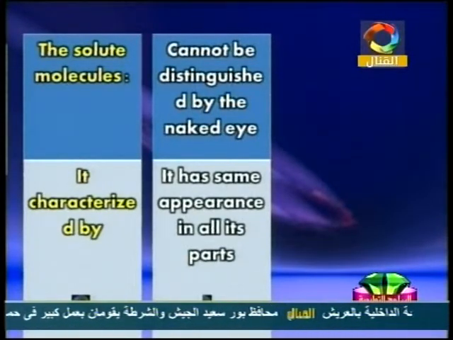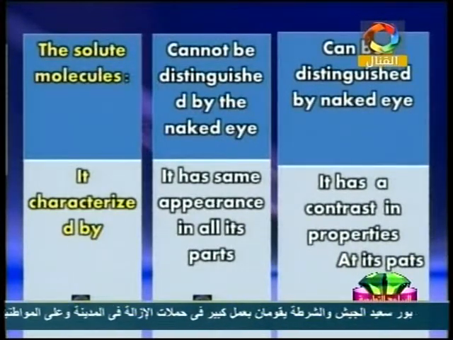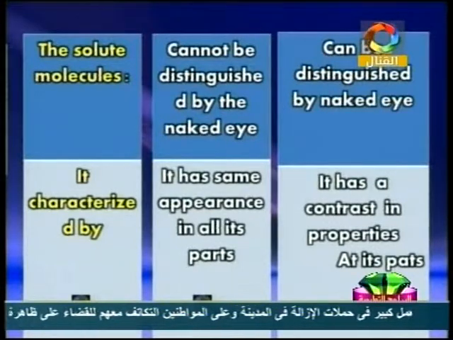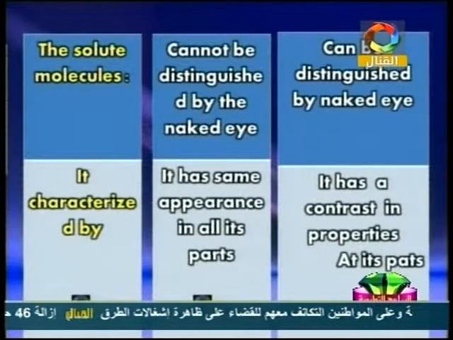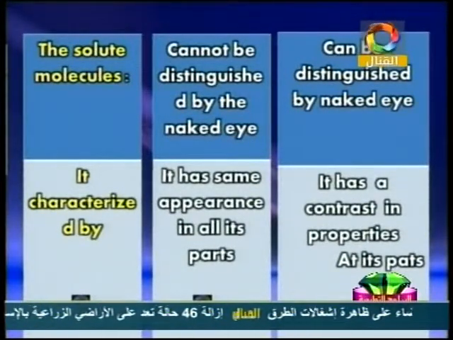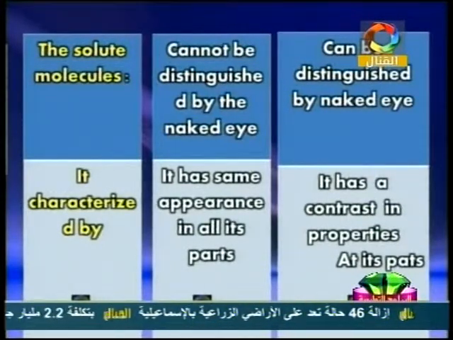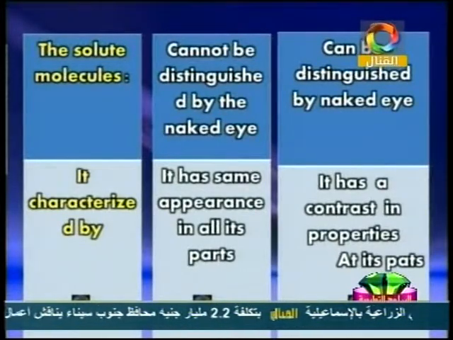But non-homogeneous, it can be distinguished because it has big particles that can be seen by the naked eye, and it has contrast in its properties at its parts. Wonderful, to differentiate between homogeneous and non-homogeneous mixtures.